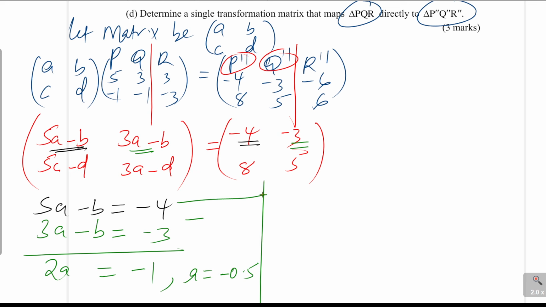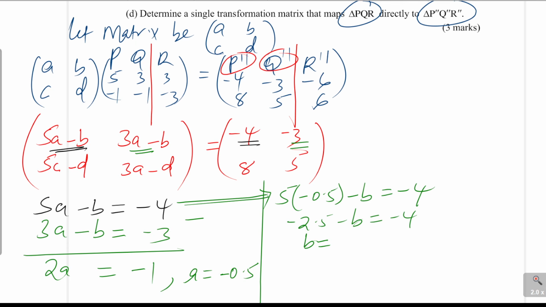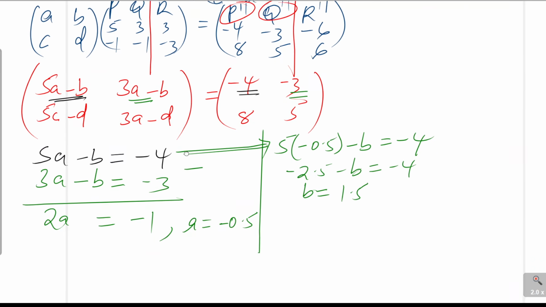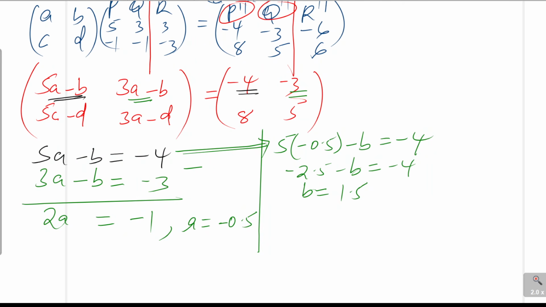So I'll substitute in this equation here. 5 times -0.5 is -2.5, minus B is equal to -4. Once you work out the value of B, B will give 1.5. So from there we can proceed and solve for C and D.